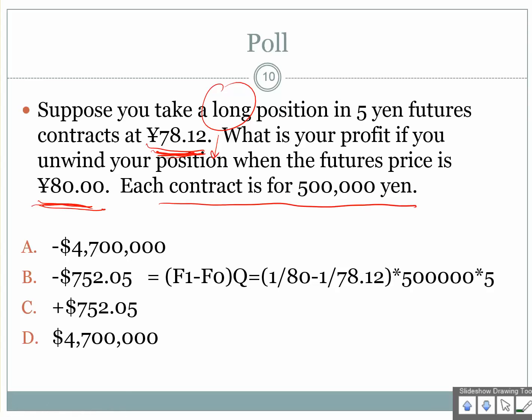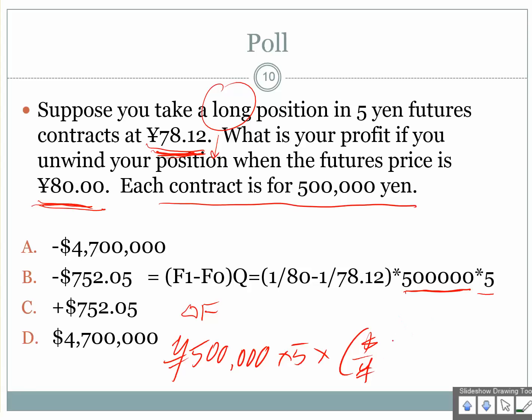The profit from a long futures contract is the change in the futures price, went from 78 to 80, times the quantity of yen, say 500,000 yen times 5 contracts. However, for this math to work out, if I have 500,000 yen times 5 contracts, I need dollars per yen for the change in the futures price in order for these yen to cancel out and give me a dollar profit.